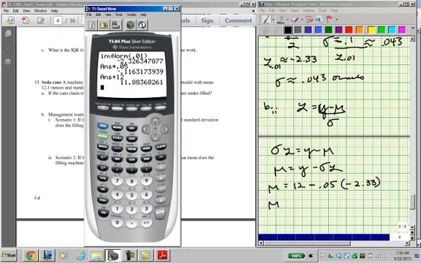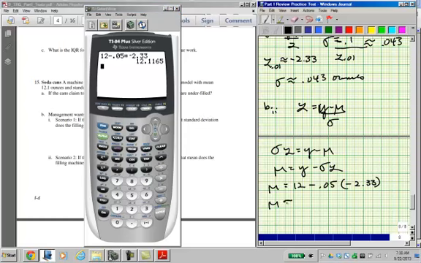No, that wasn't right. What did I do wrong? I should have subtracted it. Let me do it the way I wrote it. 12 minus 0.05 times negative 2.33 is 12.116. So mu is approximately equal to 12.12 ounces.